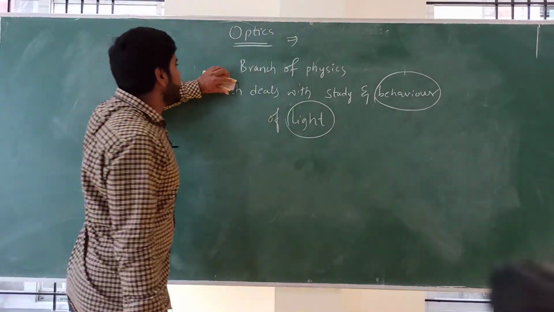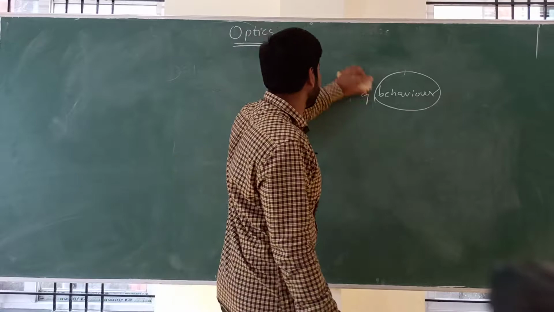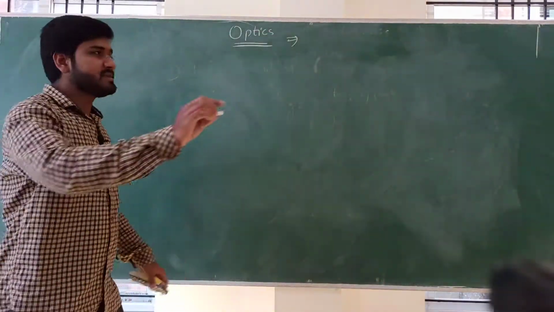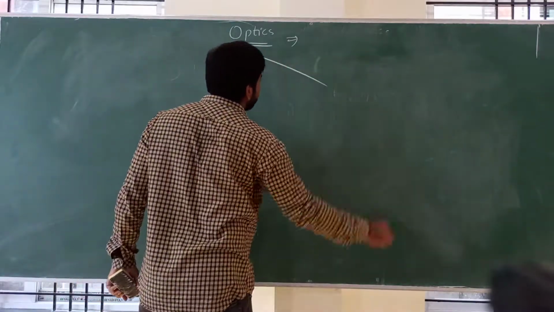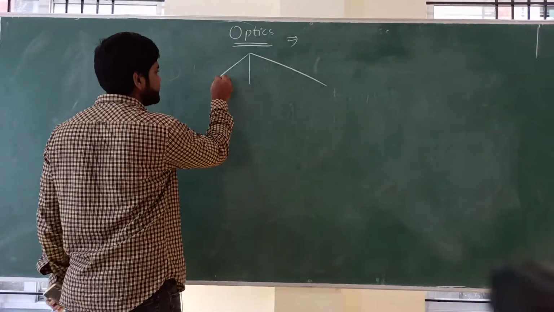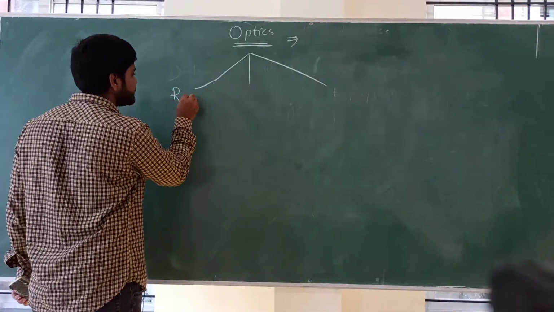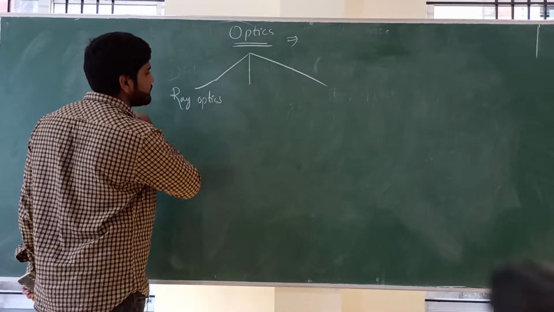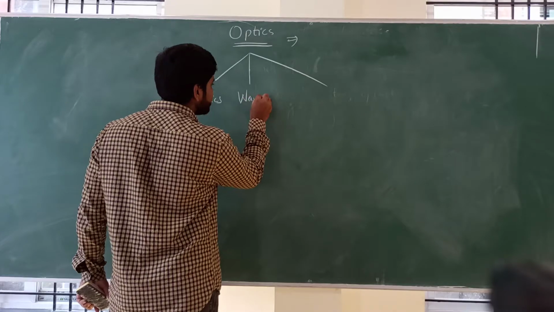Now there are certain branches of optics. Optics is generally divided into three categories. There are three types of optics. First one is ray optics. Second one is wave optics.